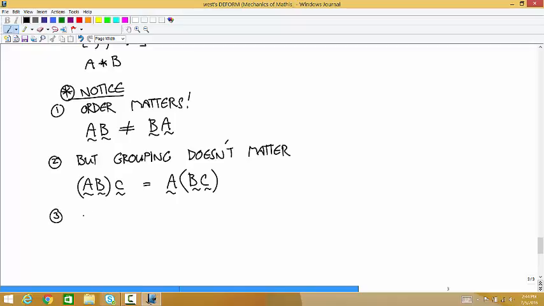And the third thing is you can't multiply any two matrices. The dimensions need to be appropriate.